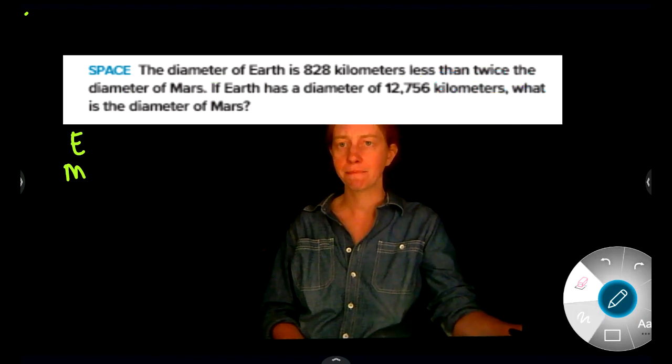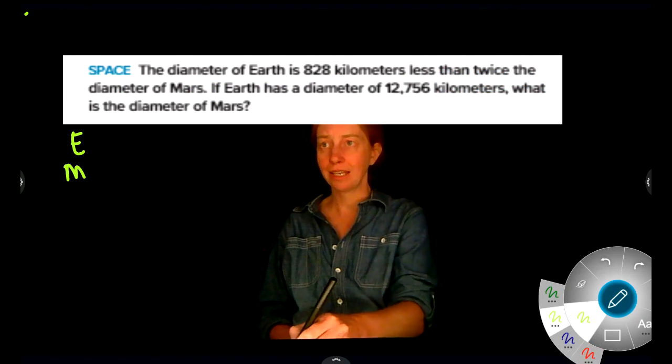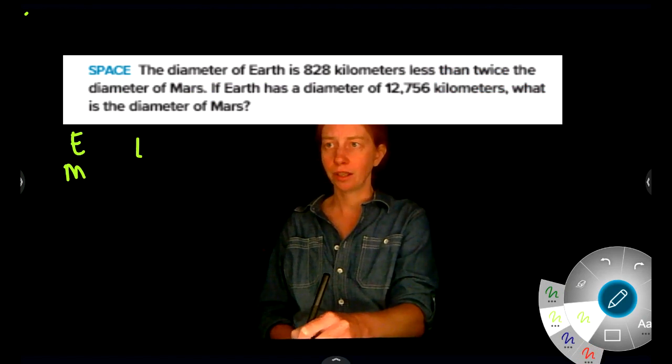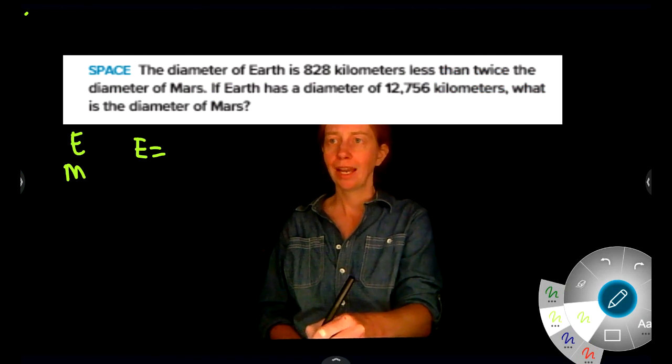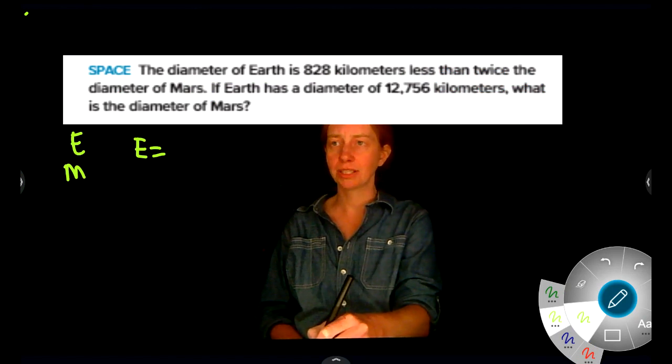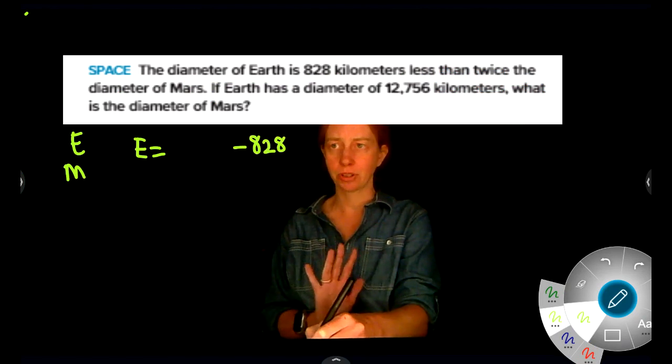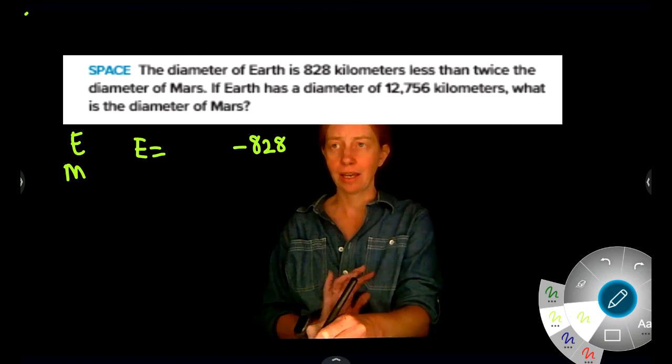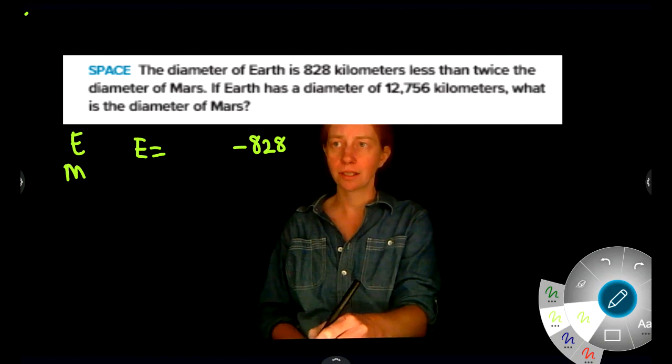Let's say that Earth is, that's going to be equals 828 kilometers less than. That means that I'm going to want this minus 828 to be right after something else. And that something else is twice the diameter of Mars. So 2m.